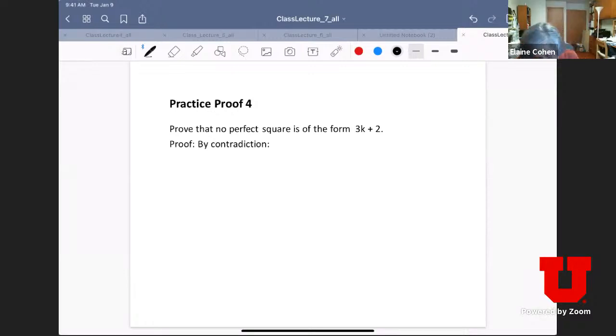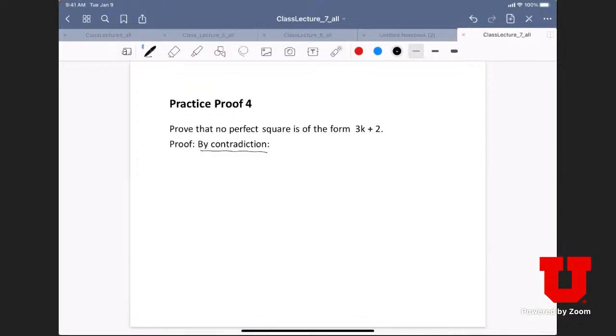I'll give you the hint: it's another contradiction. So tell me what I should assume or suppose. What would be my contradictory supposition? There's a perfect square that is of the form 3k plus 2.